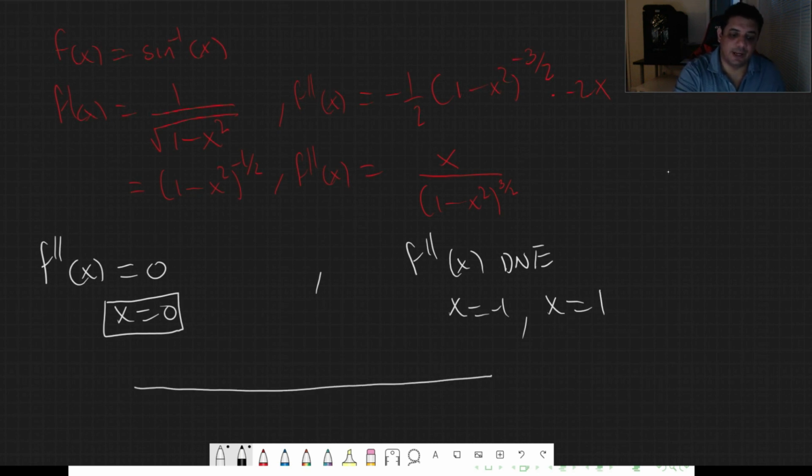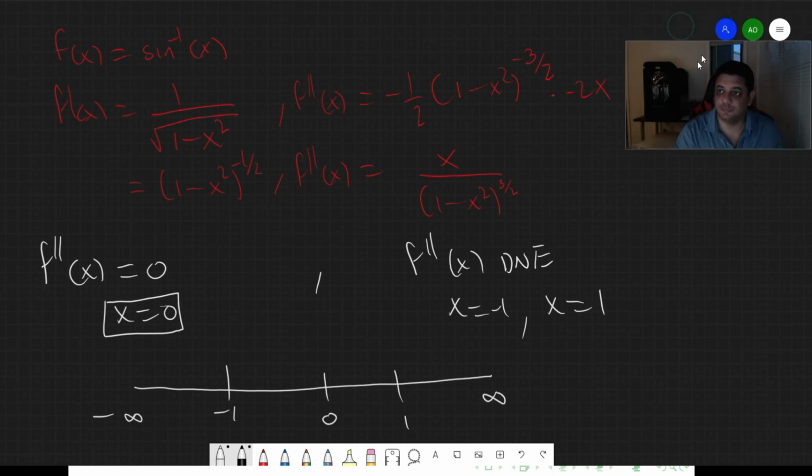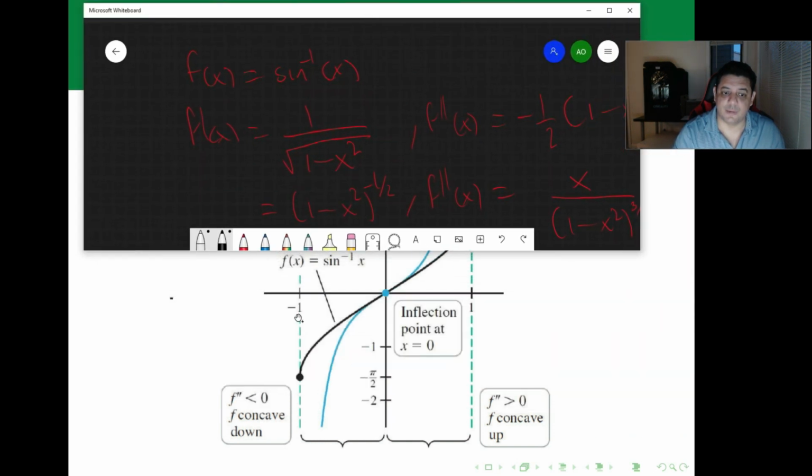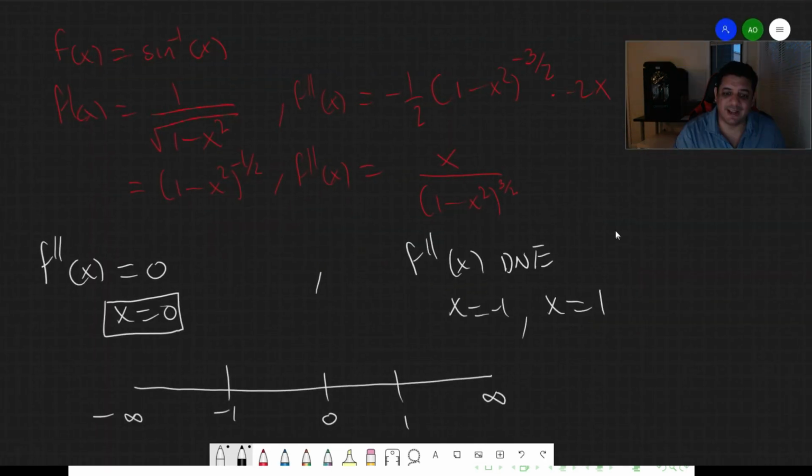Now from there, what we've got to check, of course, is the intervals. We're not necessarily going to use all these points. It depends on the domain, right? So in this particular case, we're just going from minus 1 to 1, so we're kind of on the edge.